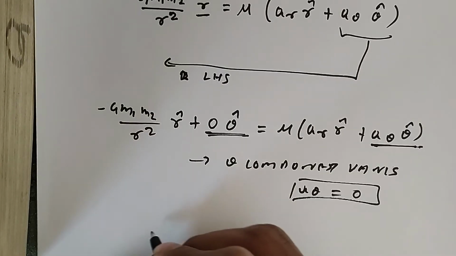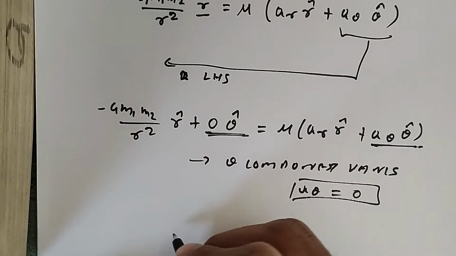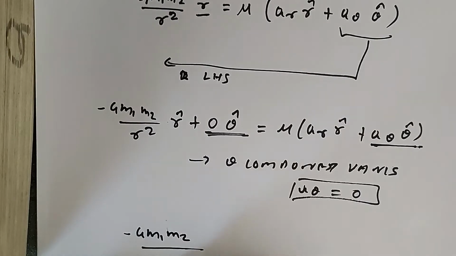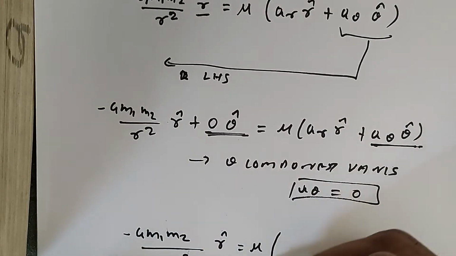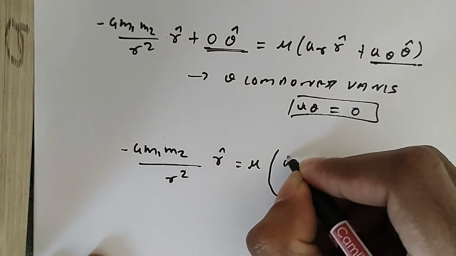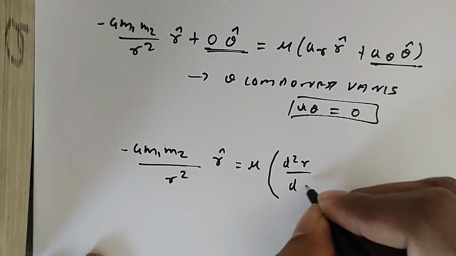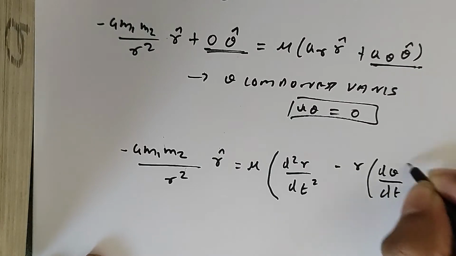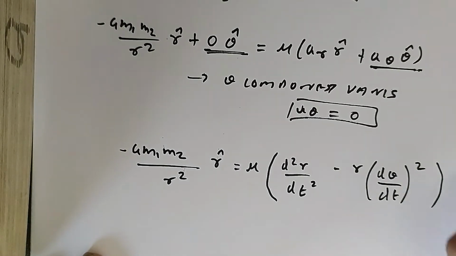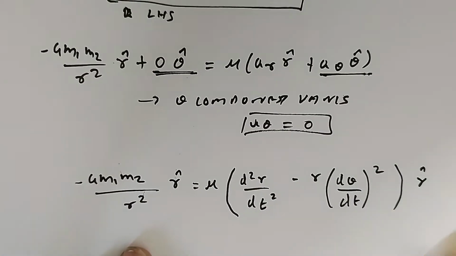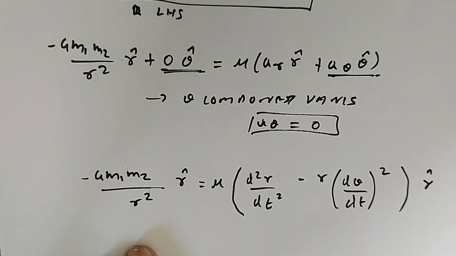So by equating the radial component, we get minus G m1 m2 upon r square r cap is equal to mu times a_r, and a_r can be written as d square r by dt square minus r times theta dot square, r cap, right? This is our equation.